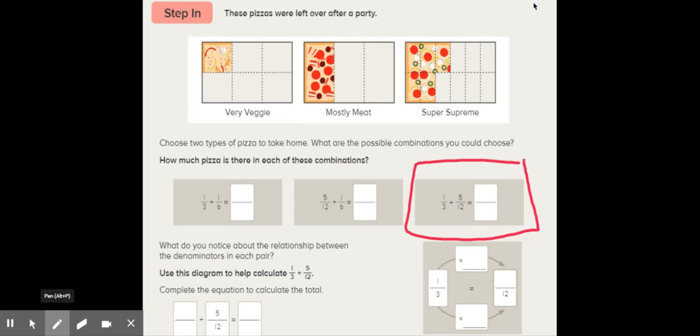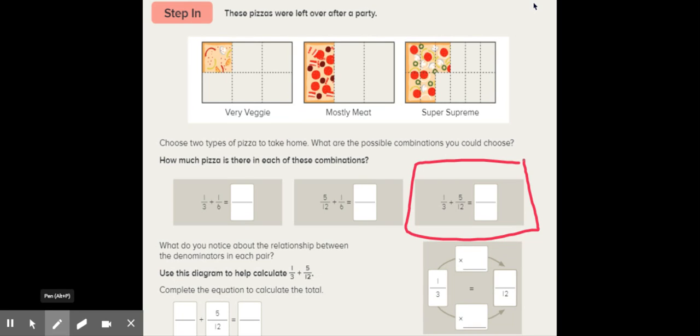The denominator that is a higher number needs to be a multiple of the denominator that is the lower number. So is 12 a multiple of 3? Well, we've done that several times so far. We know the multiples of 3 are 3, 6, 9, 12, 18. 12 is one of the multiples, so yes, they are related, so I can use the steps that we've been using today.